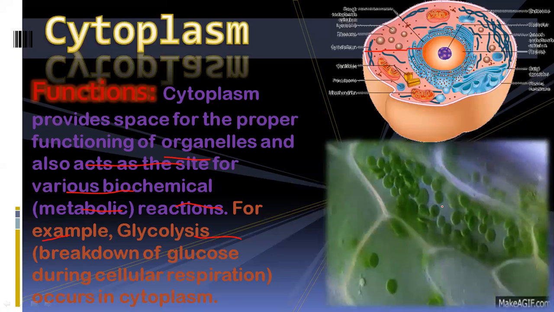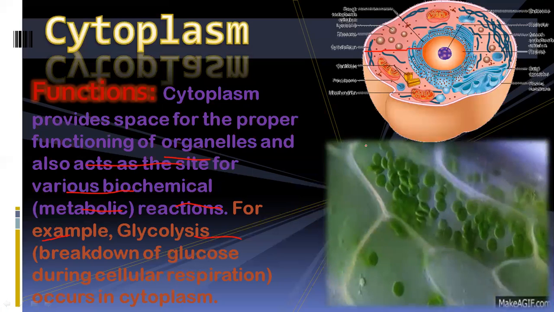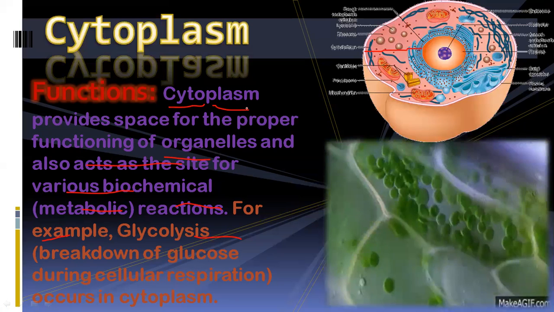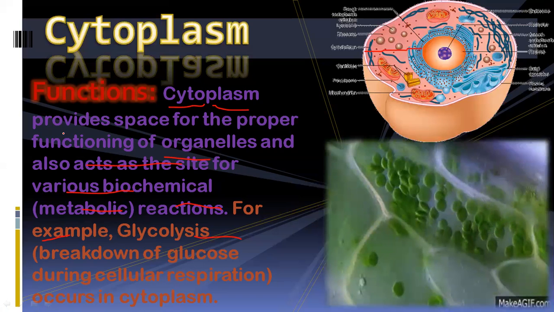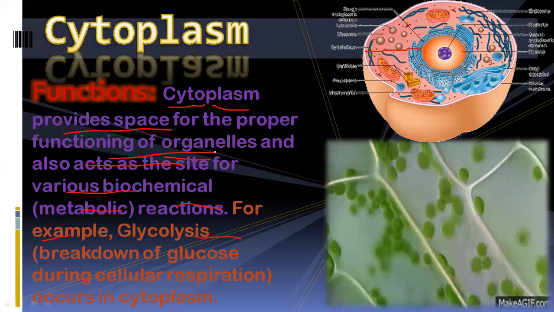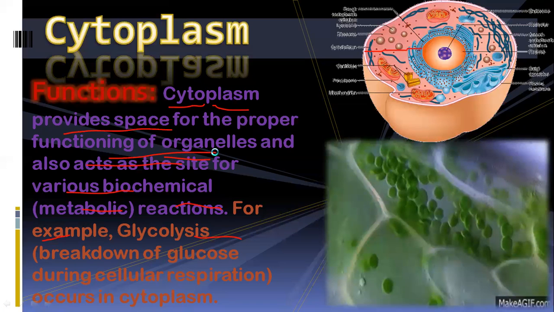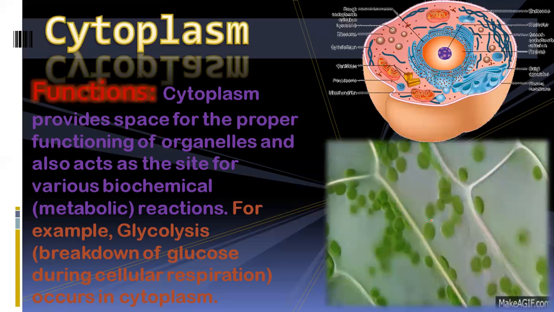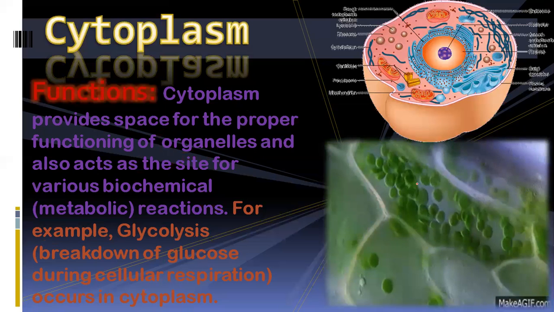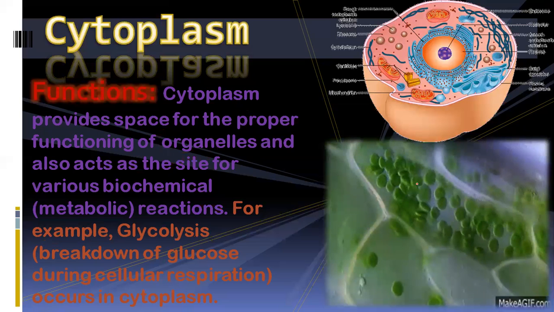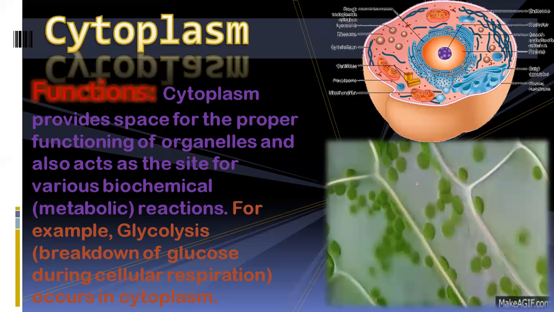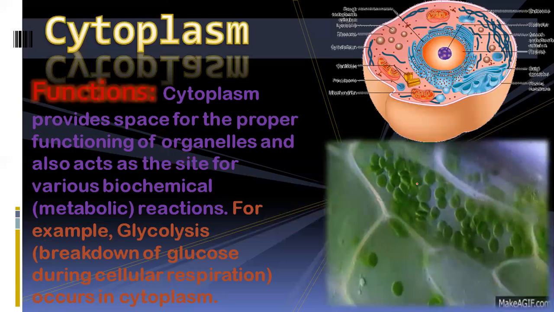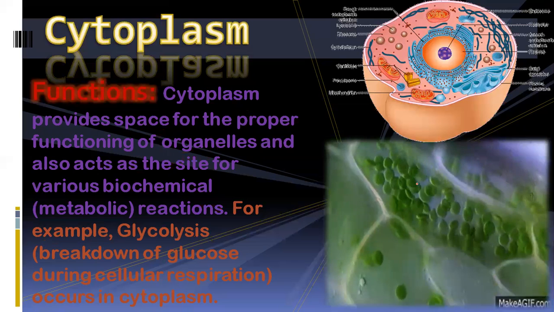It must have water fluid inside it. Cyto means cell, and plasm means the liquid fluid. It provides the space for the proper functioning of organelles. A cell cannot perform its function in a dry place, so it must have some liquid medium. That liquid medium is called cytoplasm.